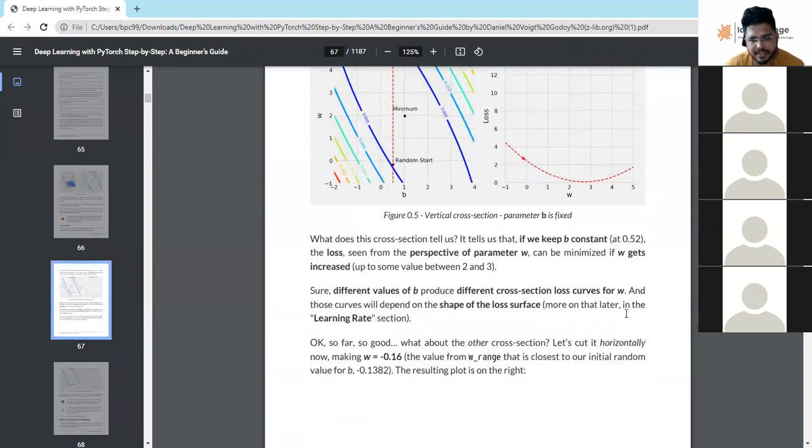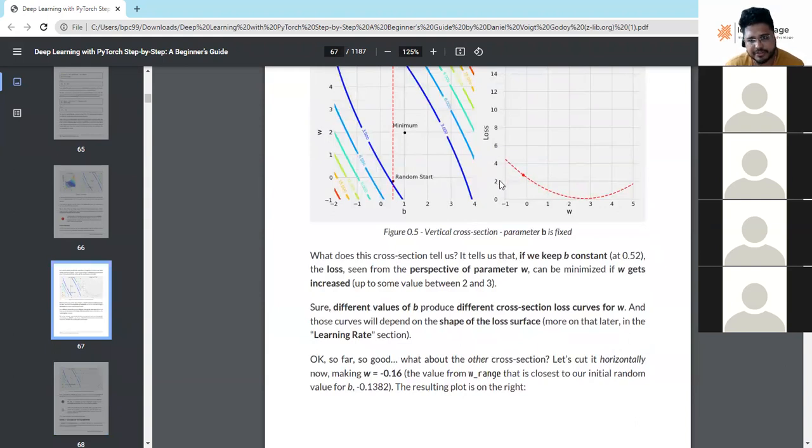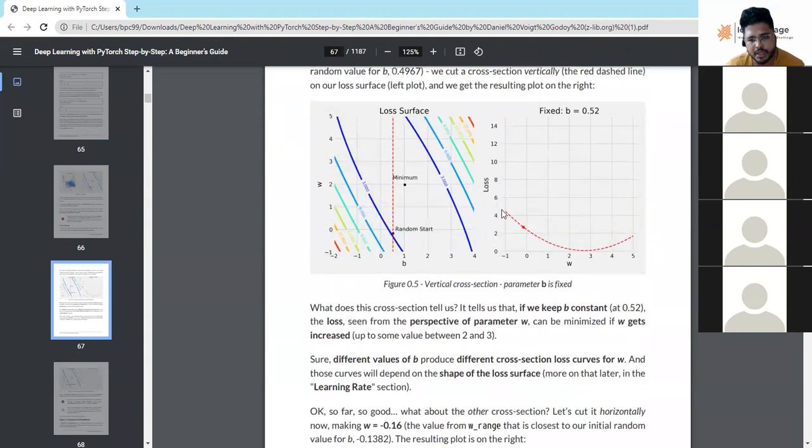So that means the rate of change of W, if W changes a little bit, loss changes a little bit, because the slope is not that much. It is not a very steep slope. If W changes from 0 to 1, then loss changes from 2 to 4, which is not much.